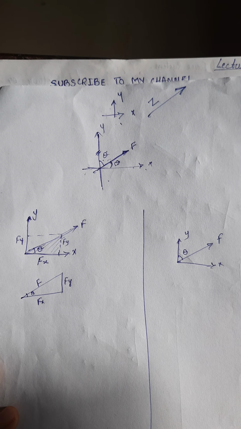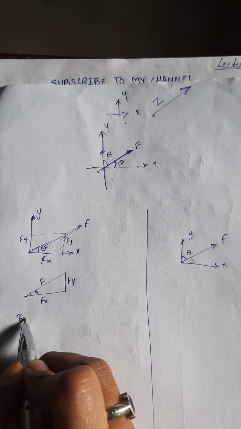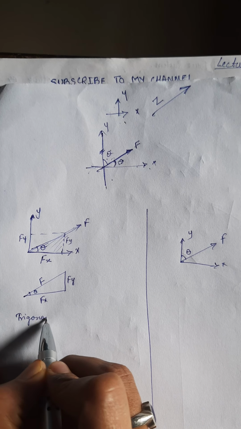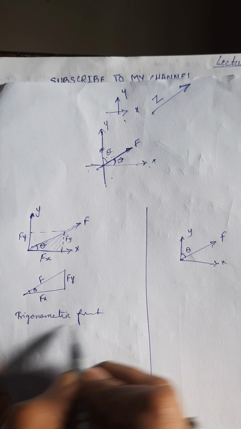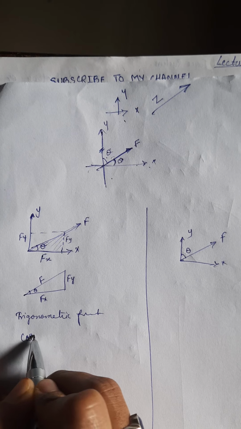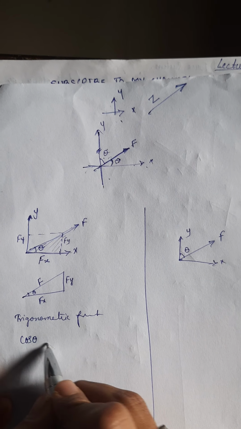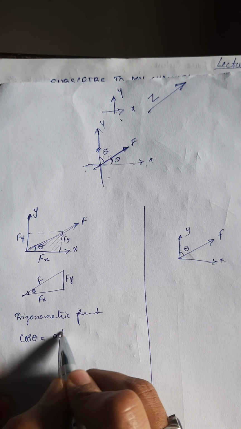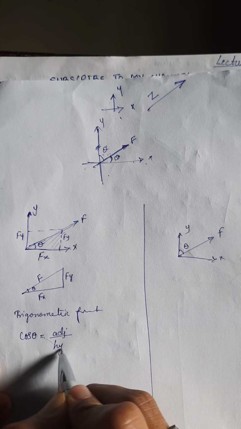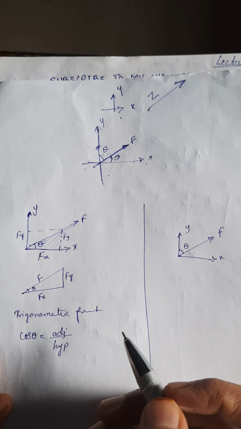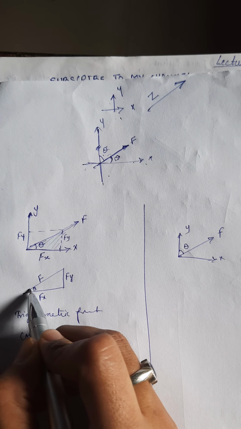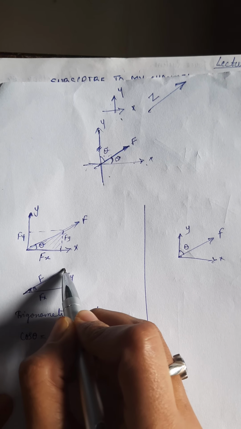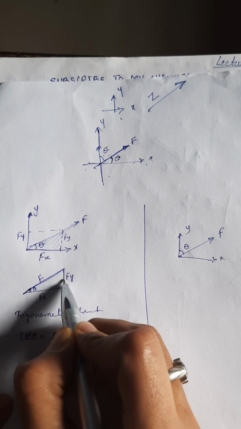What we can do here is apply trigonometric functions, that is cos theta and sin theta. As we know, cos theta is adjacent by hypotenuse. Now let us check which is adjacent and which is hypotenuse. Adjacent means the adjacent side of the angle in the right angle triangle.